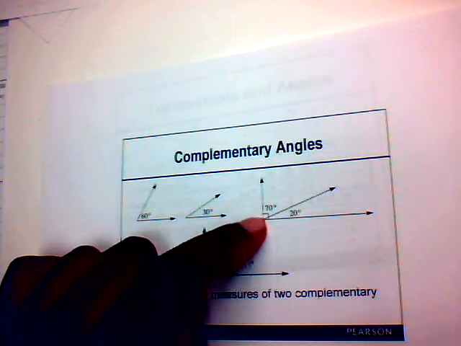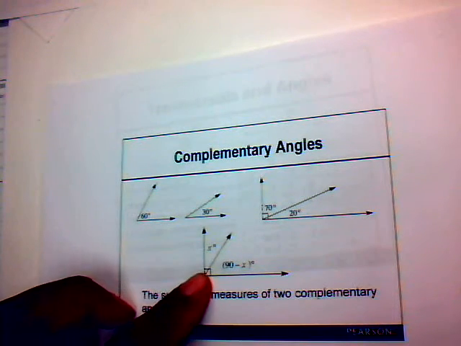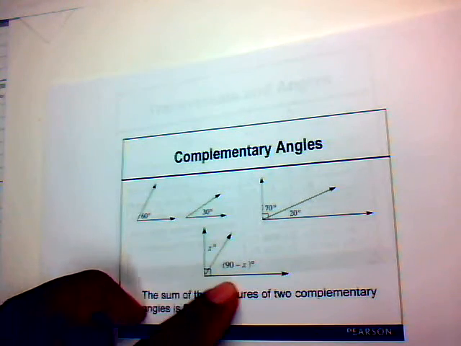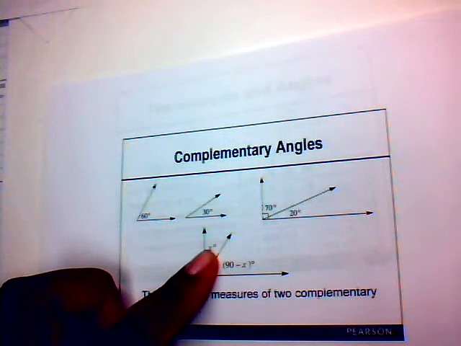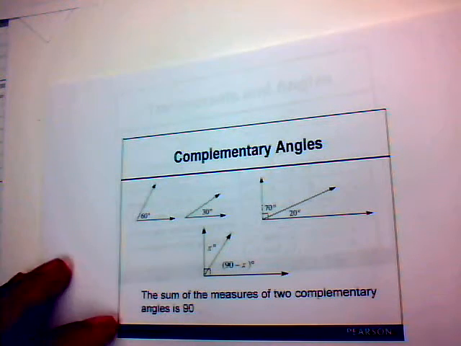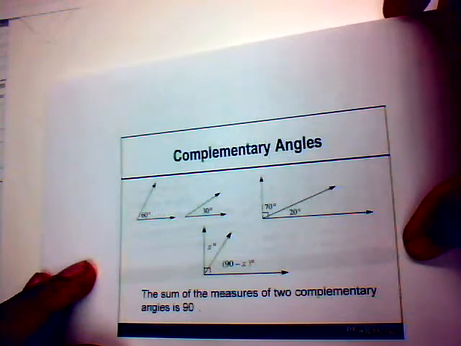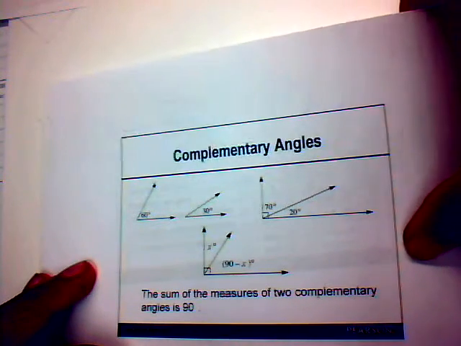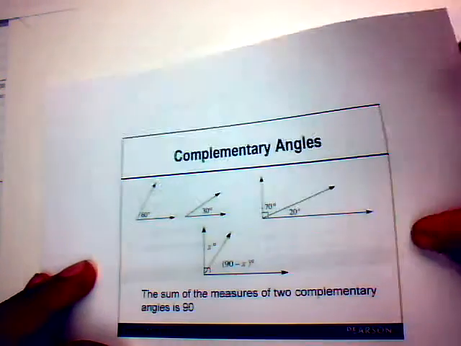Add those two together, you're going to get a right angle of 90 degrees. And then also x degrees for this angle, and the other angle is 90 minus x. Add those two together, the x's cancel, and you're left with 90 degrees. So the sum of the measures of two complementary angles is 90 degrees.